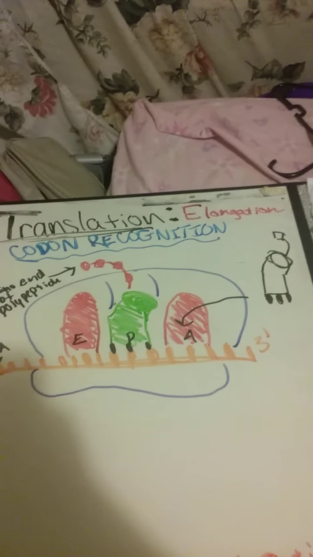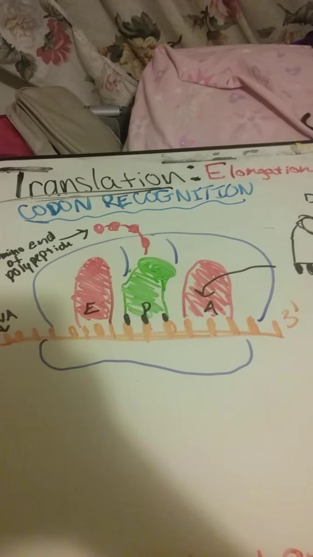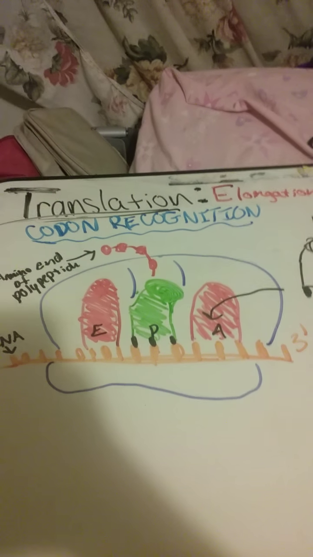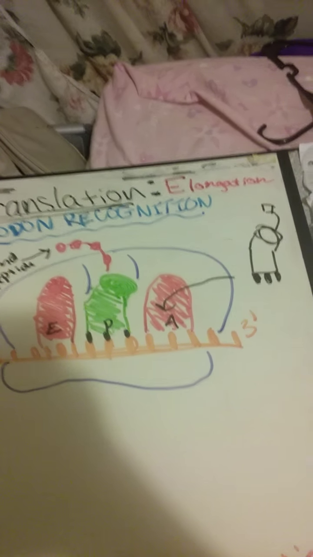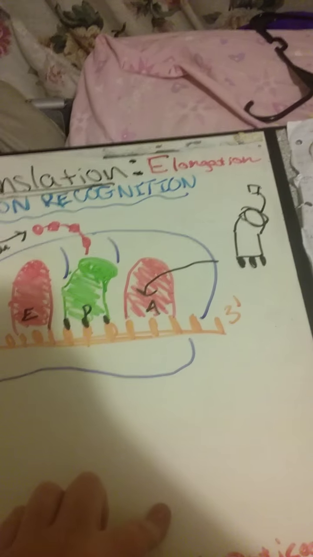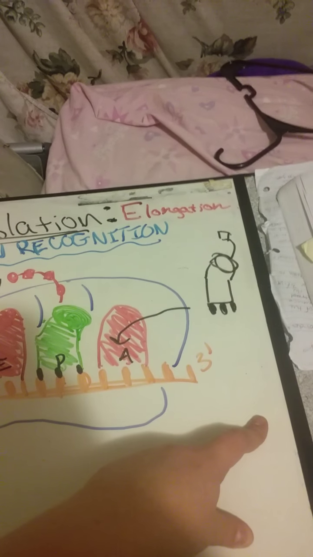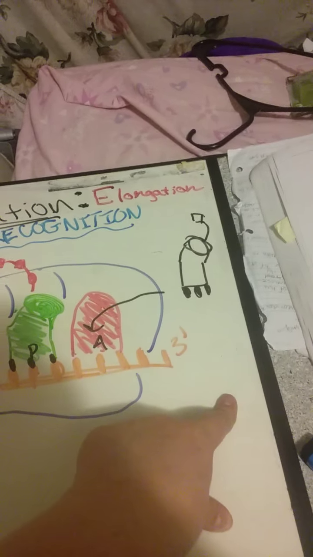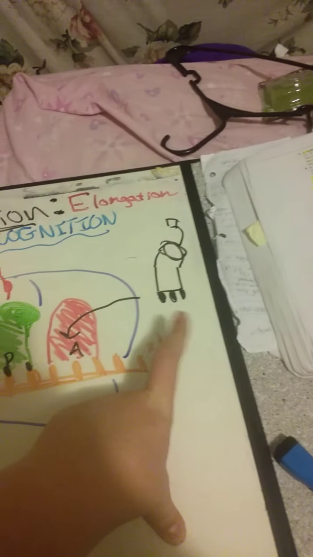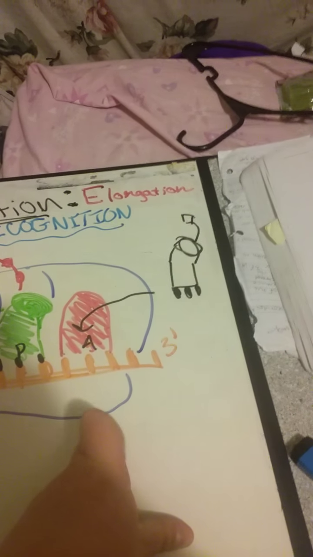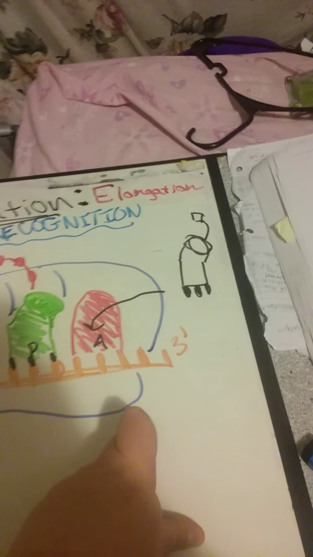The first step of elongation is codon recognition. As you can see, we have the mRNA through the ribosome, both units, and it is seen that E, P, and A sites are established, and another tRNA with an anticodon and an amino acid, so an aminoacyl tRNA, will come in and bind to the A site.